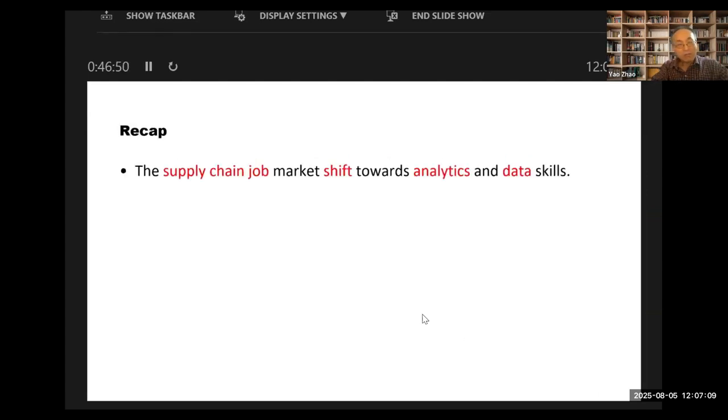First thing I want to say is the job market is changing towards analytics and data skills. However, the analytics or data skills required for the jobs is not exactly the same as those we covered in our classrooms.